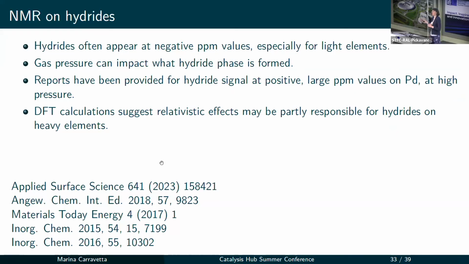There are various forms of hydride, and the chemical shift is significantly different. There are some calculations which analyze the various contributions to the chemical shift, and they suggest that there are some relativistic effects that lead to the observed values.